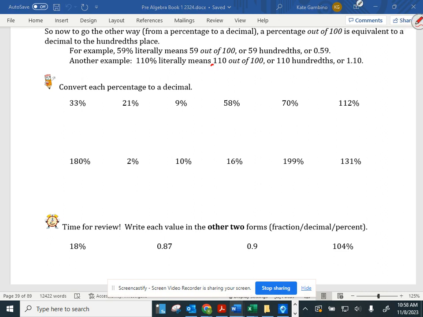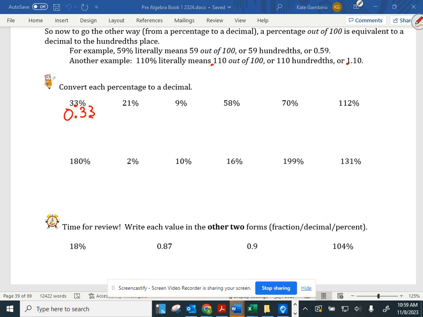So 1 and 10 hundredths. So if we convert each percent to a decimal, what would 33% be? Olivia? 0.33, because that last number of our percent needs to be in the hundredth place.